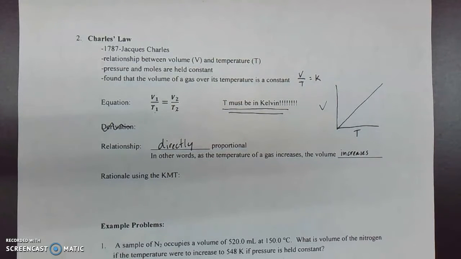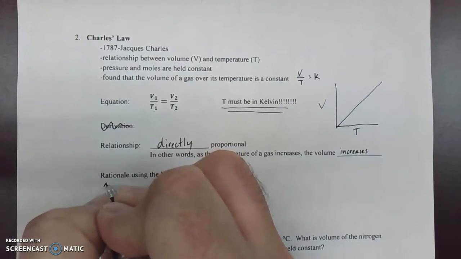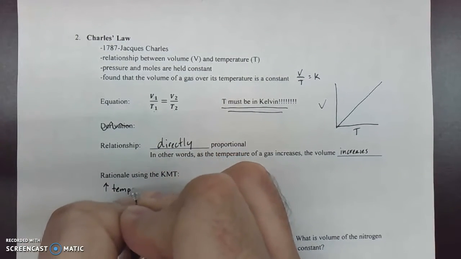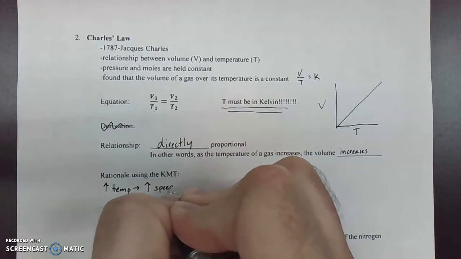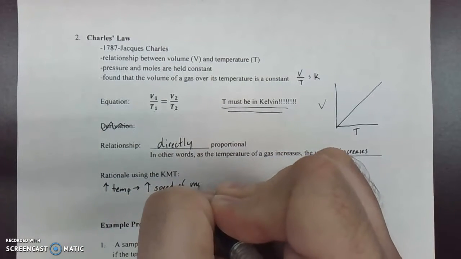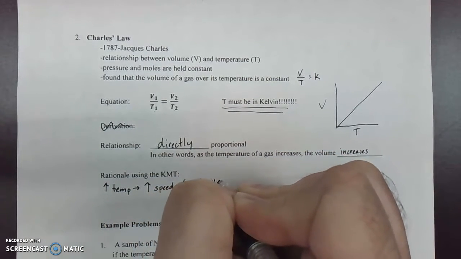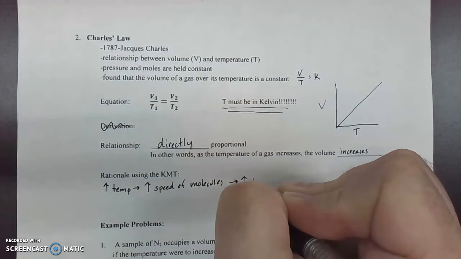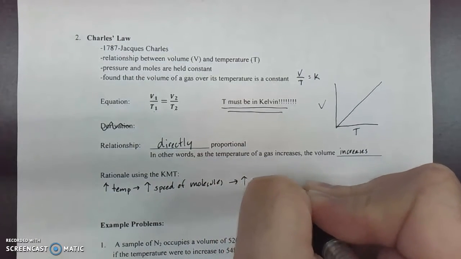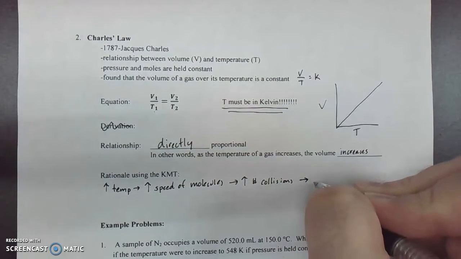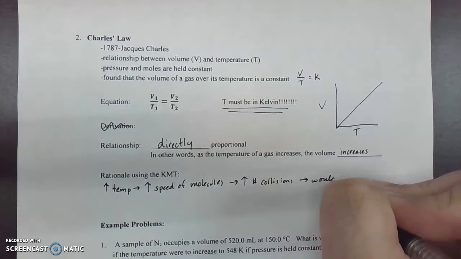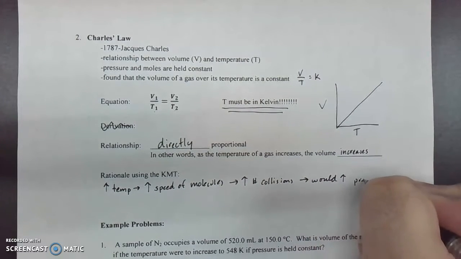The rationale for Charles' law is that if we increase the temperature, that increases the speed of the molecules. That increases the number of collisions, which in turn would increase pressure.